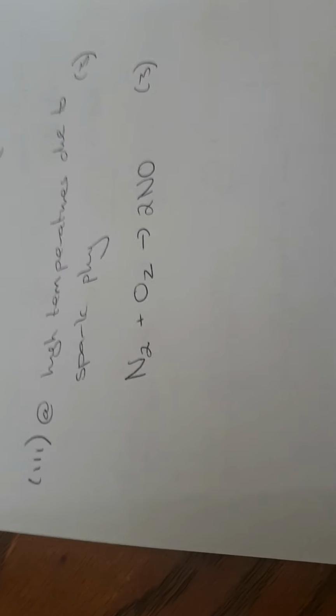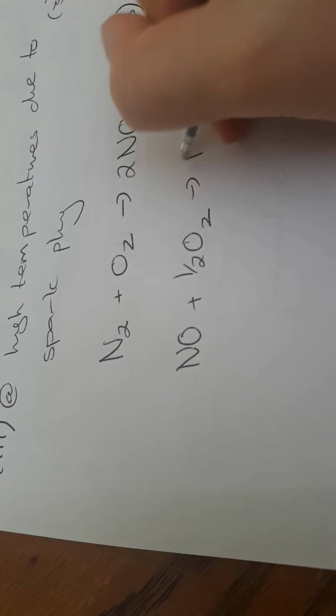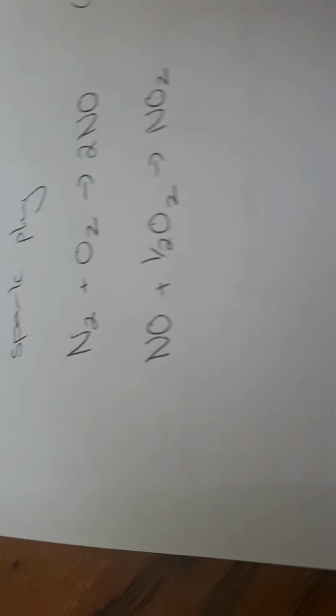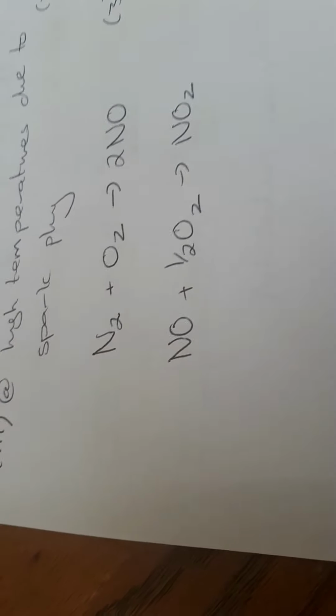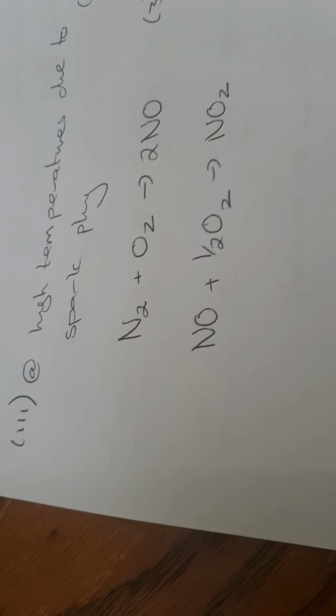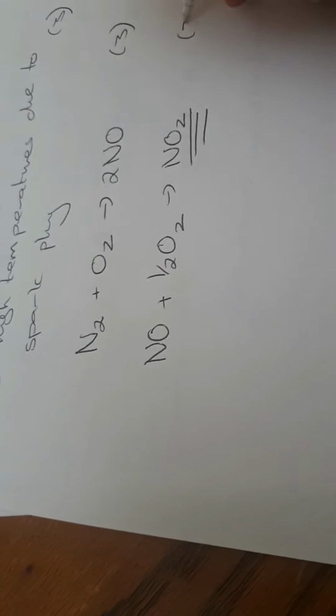That nitrogen oxide, NO, or nitrogen monoxide, is going to react with a half O2, and it's going to form NO2. And in the question, you're asked the concentration of NO2, and that's how we get NO2.